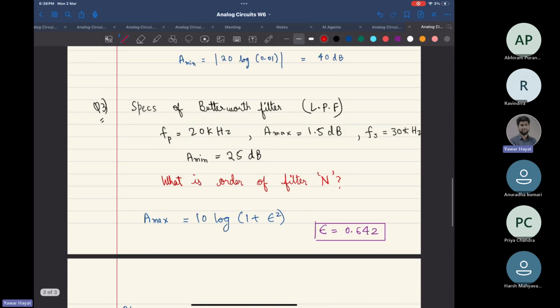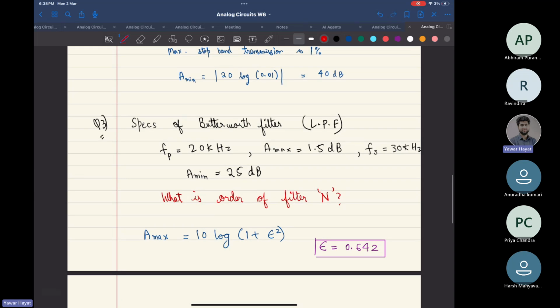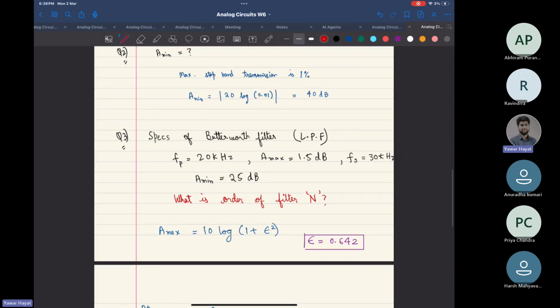So, for the specifications of this Butterworth low pass filter, your order of filter would come out as 9.